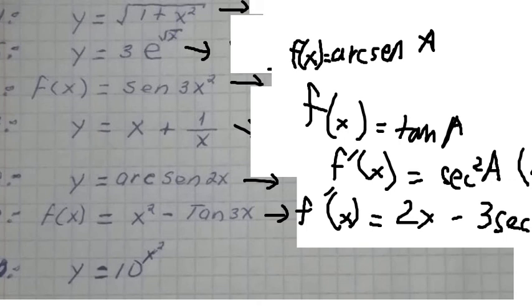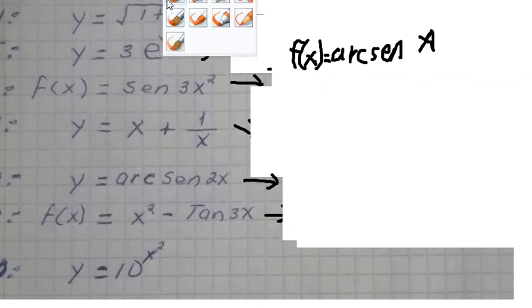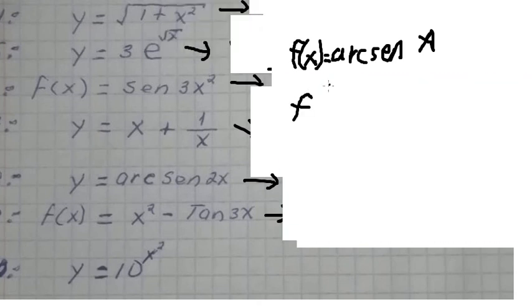And the last one, we have a in here, which is the number, and b is the value we need to take the first derivative of.